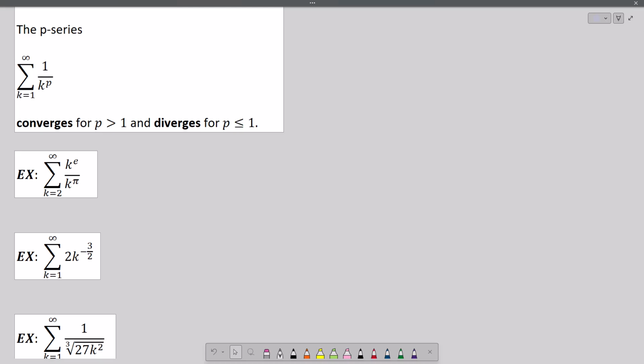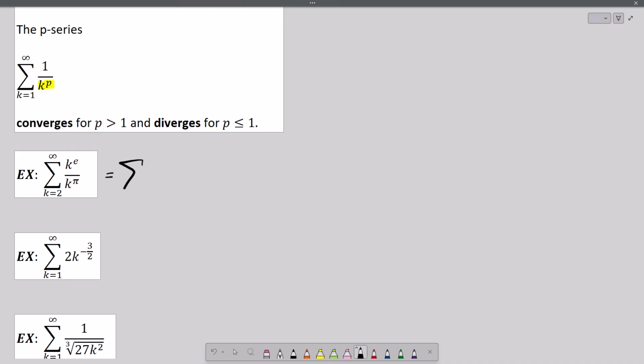All right, this thing. The form of a p-series, you have k raised to the p power in the denominator. So as this stands, we can't see what p is immediately. We have to do some work here. So let's rewrite this.